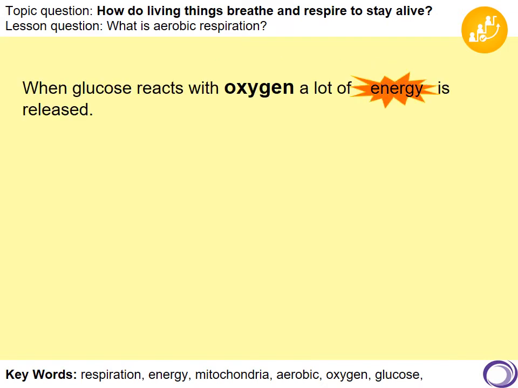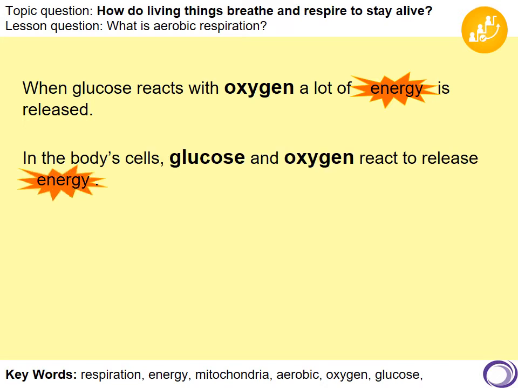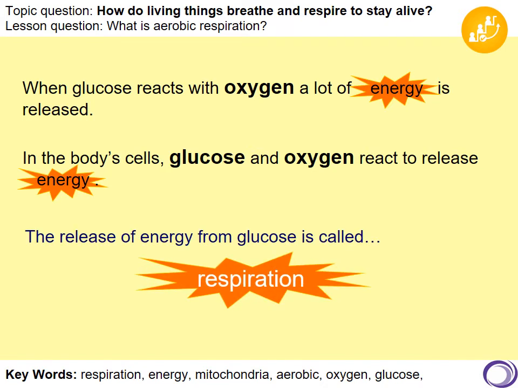When glucose reacts with oxygen, a lot of energy is released. And in the body's cells, glucose and oxygen will react together to produce and release this energy. The release of energy from glucose is called respiration.